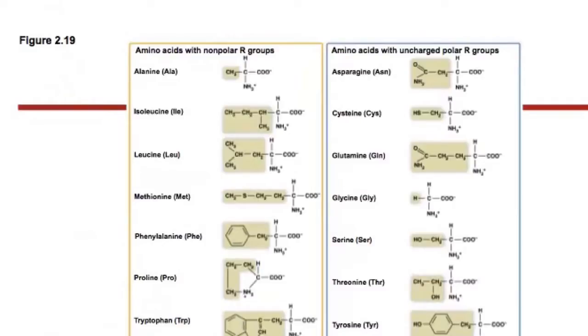Here is a table 2.19. You're not going to need to memorize this table, but if you can see here, this is alanine, isoleucine, leucine, methionine, phenylalanine, etc., etc. They all have different names. And you can see here, the basic structure is the same in all of them.